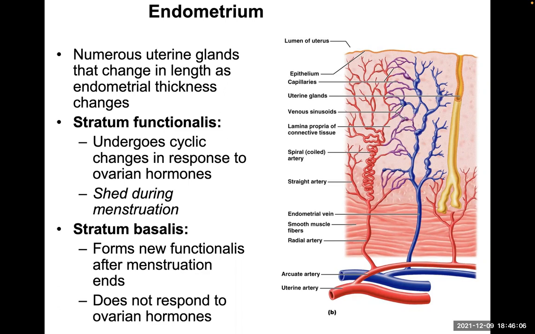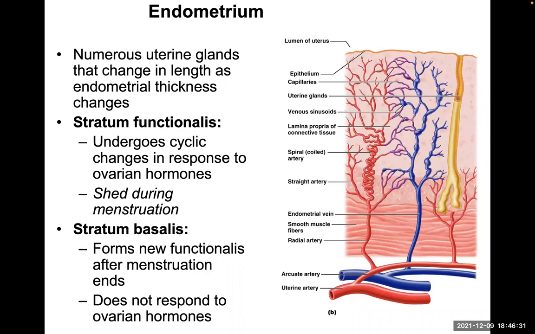So lots of receptors for estrogens and progesterone in the endometrium itself. The basal layer is there to form, once the functional layer is shed in the first 5 to 7 days of a woman's cycle, the basal layer that's there to rebuild the functional layer every month.